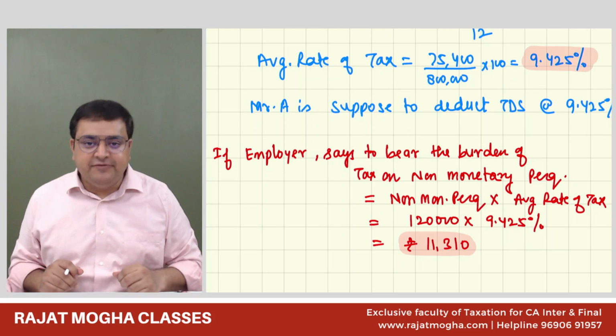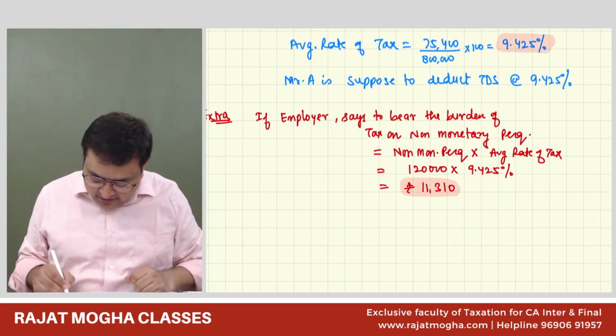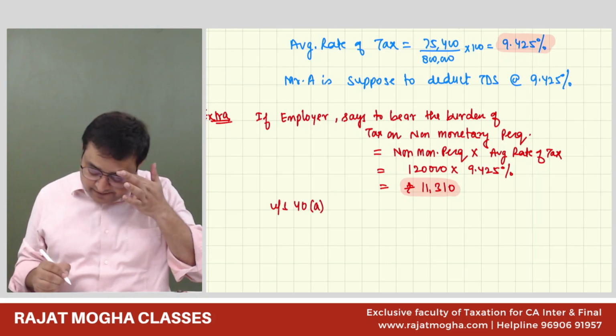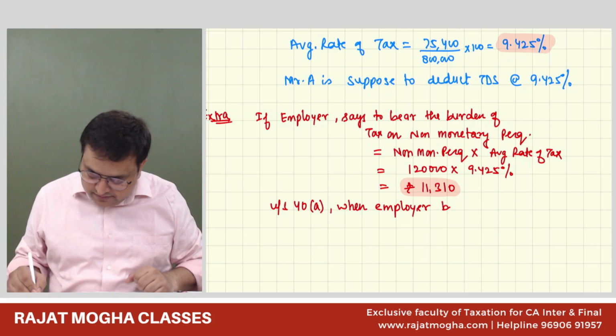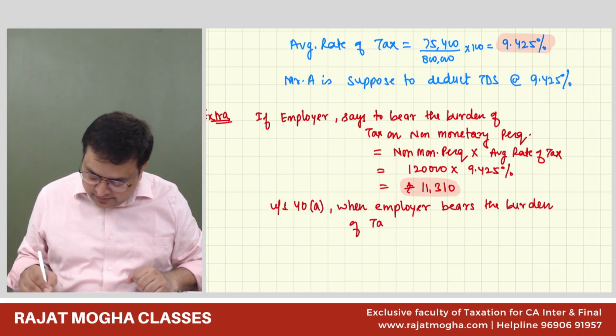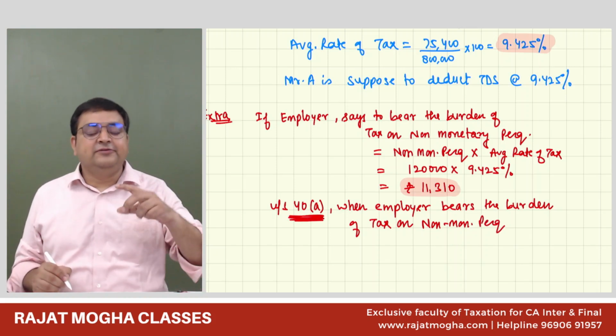In PGBP, we have done. Please remember your PGBP point also. Under section 40(a), please write it. When the employer bears the burden of tax on non-monetary perquisites, this is mentioned under section 40(a). In 40(a), we have a few points.